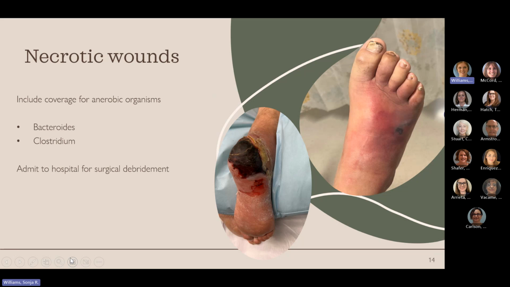If you see one of these infections in the primary care setting, this patient needs to go to the emergency department right away, and that patient needs to have an emergent incision and drainage. The picture on the right, although it looks subtle, you can see this necrotic wound developing over the dorsal aspect of the fifth metatarsal phalangeal joint. That patient actually lost both their fourth and their fifth ray due to a gas-forming organism.